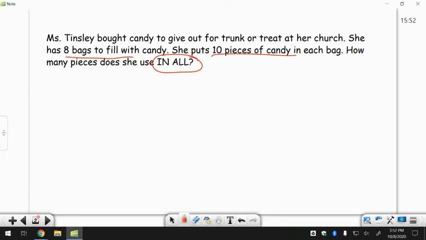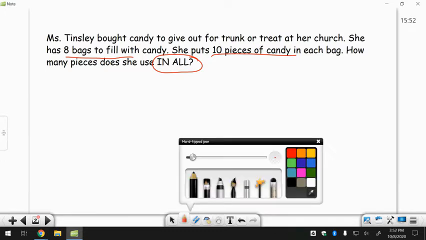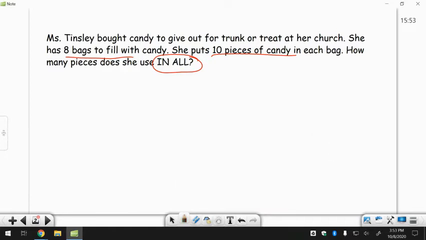So I like to draw pictures to help me out. So guess what I'm going to do? I'm going to draw those 10 bags.